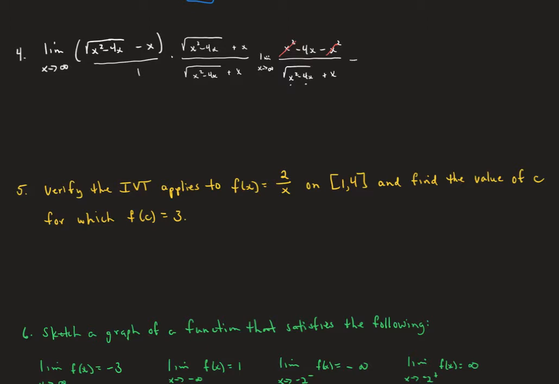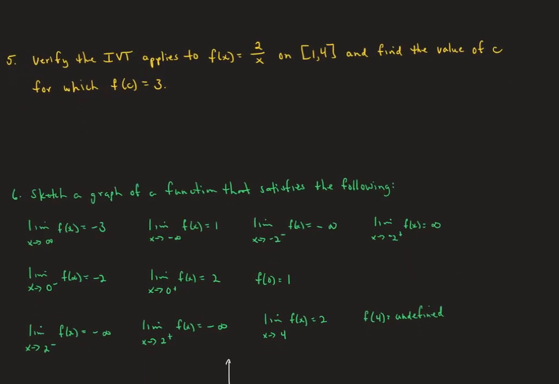So this is going to look like a negative 4x on top and the square root of x squared plus x in the denominator, which is going to look like a negative 4x over the absolute value of x plus x, which, since x is going to positive infinity, the absolute value doesn't matter because everything's positive here. So it's going to look like negative 4x over 2x, which is going to be negative 2. Kind of crazy. Okay, I'm going to slide this up.